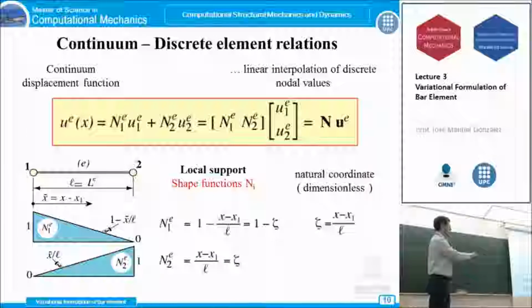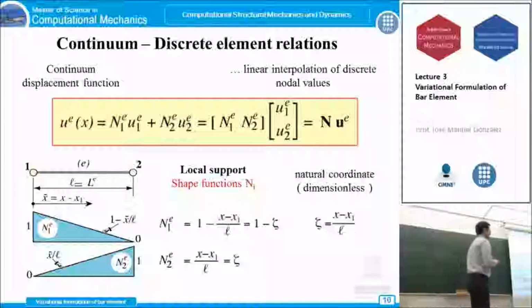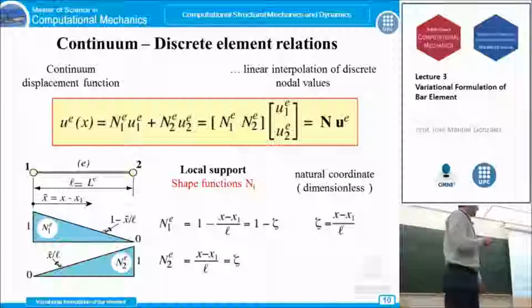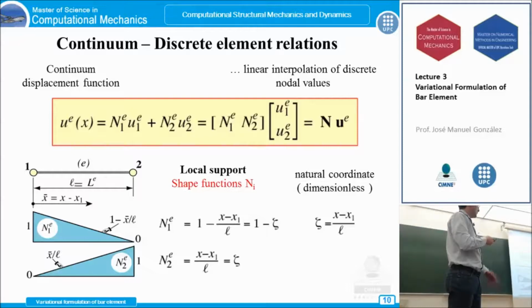Great. So if we are talking about the discrete space, we can express this displacement function using interpolative functions called N. In any of these elements we have shape functions, the same number of shape functions as number of nodes.